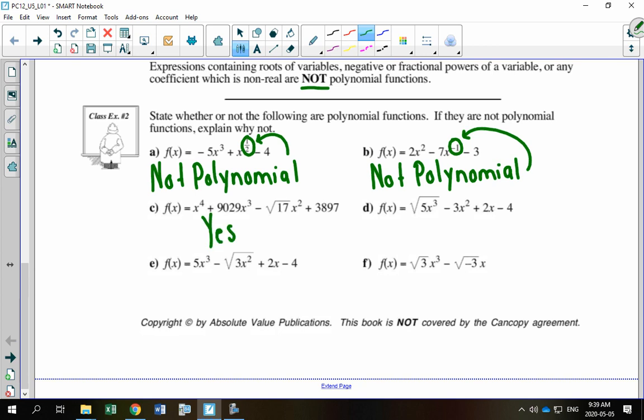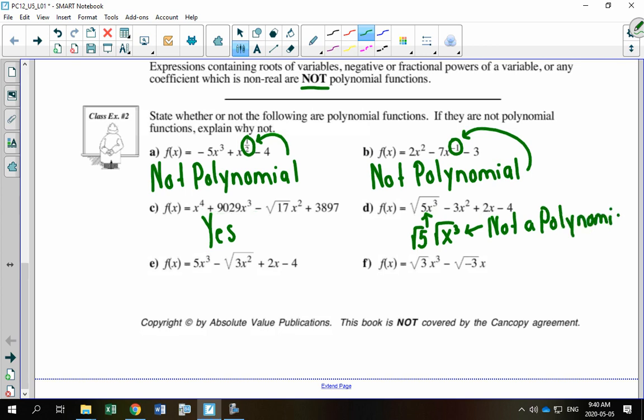And then if we look at D, the coefficients are fine, but we have a problem right here with this term. So this would be root 5 and root x cubed. Because of this term, this makes this not a polynomial because it has a rational exponent.